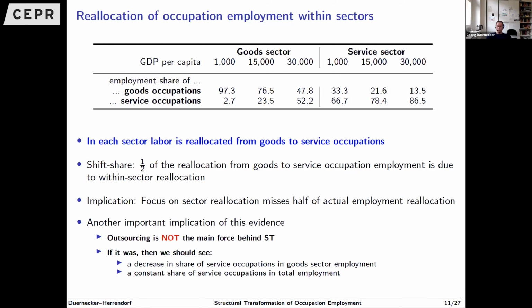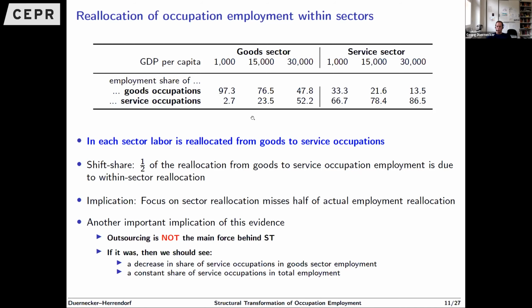And quite surprisingly, we find that the employment shares of occupations change substantially as countries grow richer. Again, this is also the main finding of the empirical section, namely that in each sector, the employment share of goods occupations shrinks over time, and the employment share of service occupations grows. Okay, this is something you can see in this table.